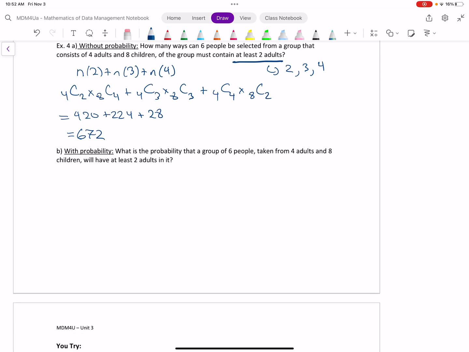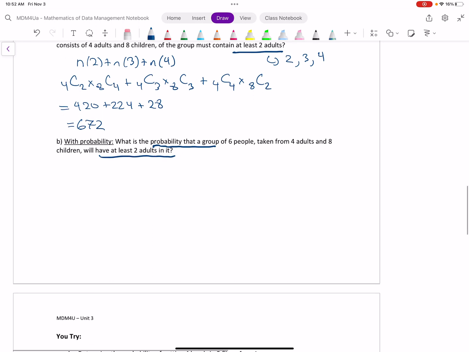Now, same question, only now what's the probability that you get this happening with at least 2 adults? So probability of at least 2 adults. One way you can do this is just to take that number, so everything we wrote above. You could also do this using the complement, which I'll talk about in a second.